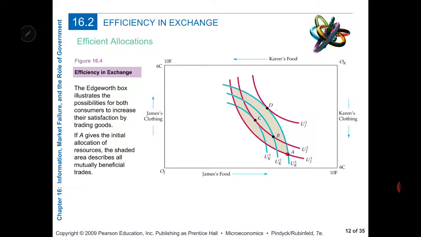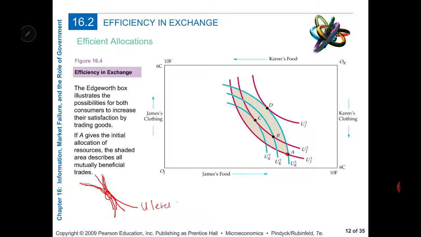Efficiency is when you get the tangent point. That means you are on a certain utility level, but if you cross something, if you intersect, that is not efficient. So it must be a tangent of the indifference curves that you are on.